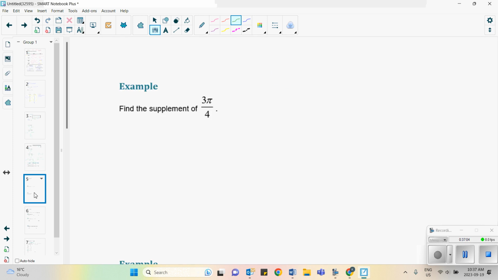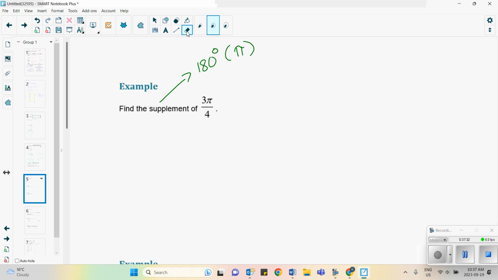Okay? Find the supplement of 3 pi over 4. So first of all, what are the two angles measuring up to? So 180 degrees, but this is given in radians. So we want to know they add up to, oh, that's not a good symbol. Let's divide by pi.